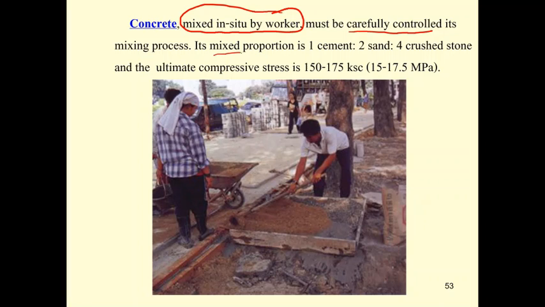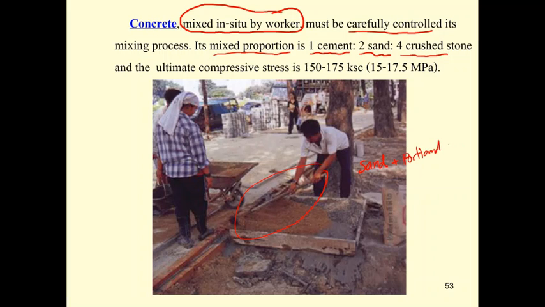The mix usually has 1 part of cement with 2 parts of sand and 4 parts of crushed stone. And then you mix them by your hand. There are some steps. Most of the time it starts by mixing the sand with the Portland cement.